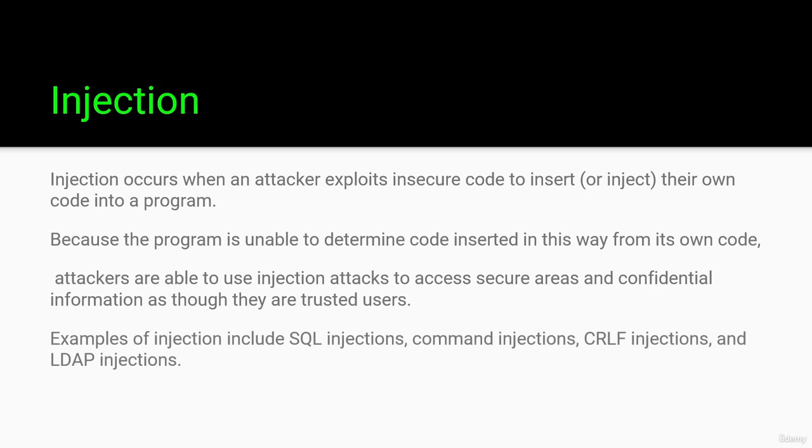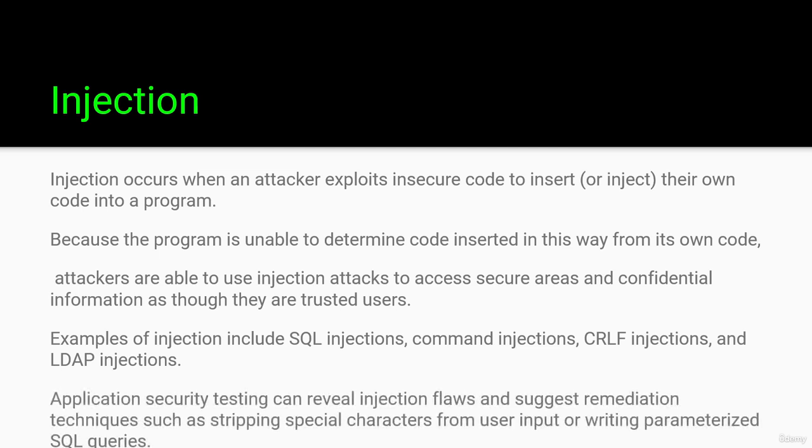Examples of injection include SQL injections, command injections, CRLF injections, and LDAP injections. Application security testing can reveal injection flaws and suggest remediation techniques such as stripping special characters from user input or writing parameterized SQL queries. Don't worry, we will talk about most of these, and we will use them practically and learn how to apply such techniques.